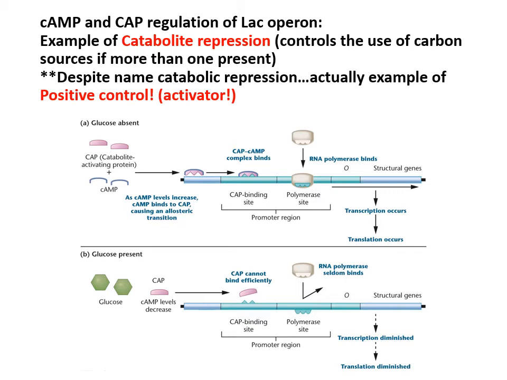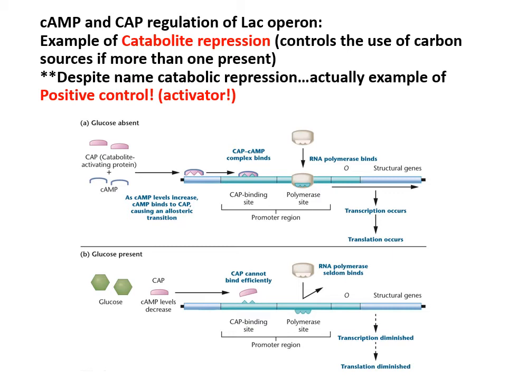And so what the figures here basically show you is how what's called cAMP and CAP, which is glucose dependent, can help regulate the lac operon as well. And even though it's called a form of catabolic repression, you're going to see that it's actually an example of positive control because this is an activating or activator process.